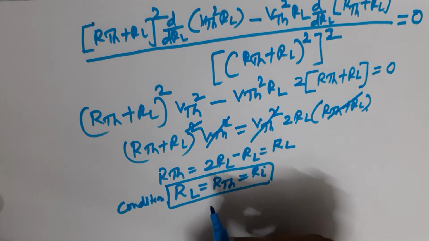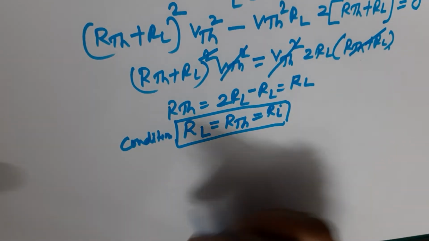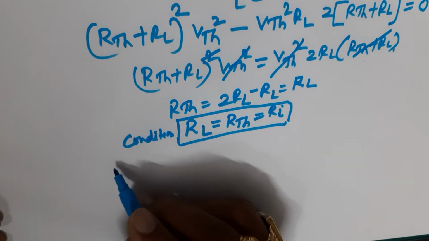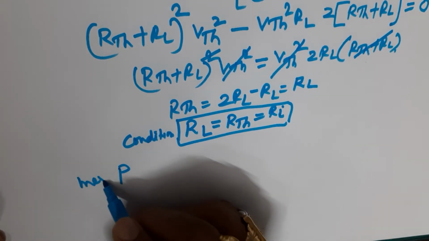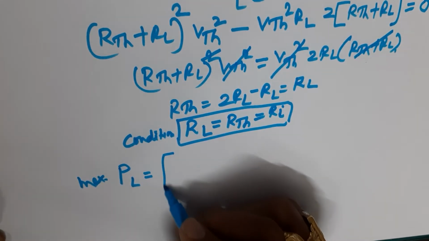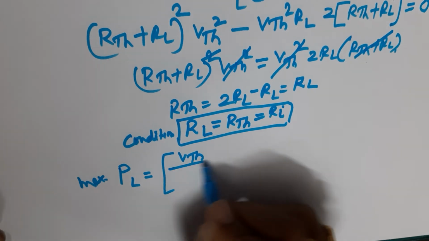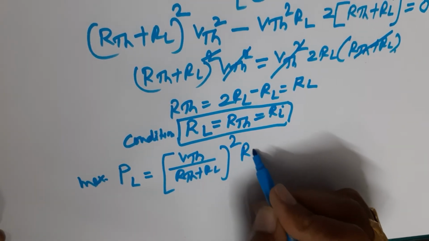This is the condition. And here another expression is, what is the value of maximum power? The maximum power received by the load resistance, according to our expression, is VTH by (RTH + RL) whole squared, multiplied by RL.